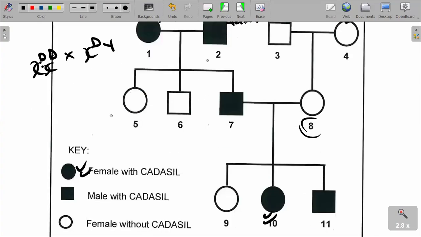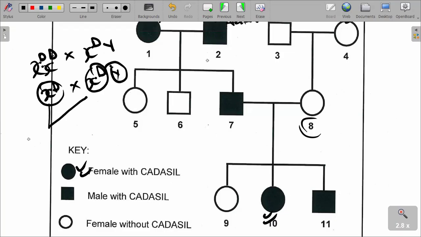So if we say this gives us D, and it crosses with D here, and then we have got Y. If we cross this together, we are going to see D and D, and this one and that one is going to give us DY.